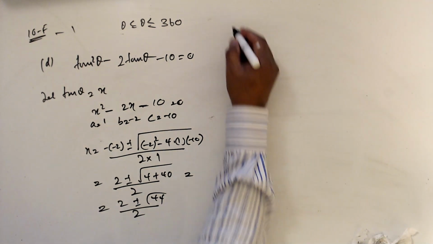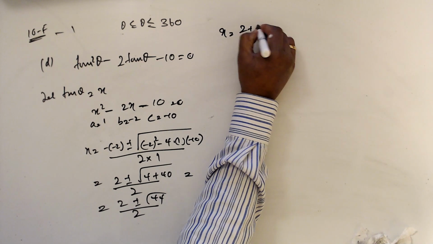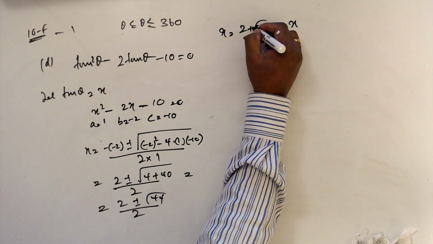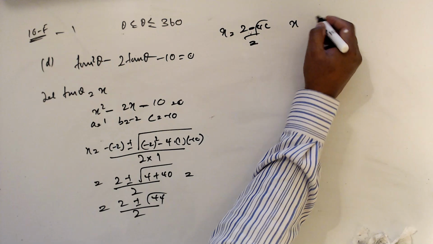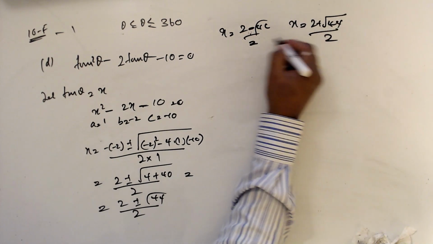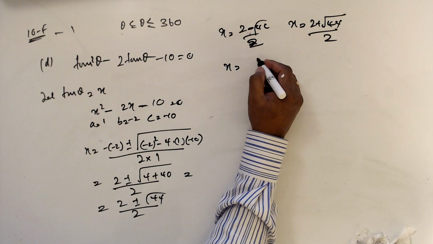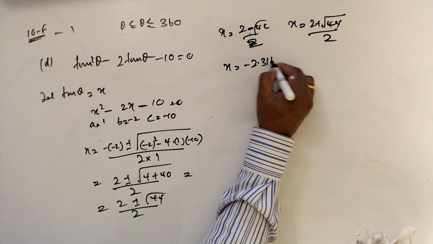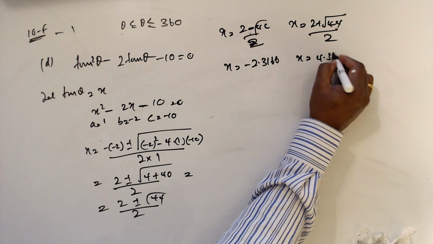Now there are two answers. One is x equals 2 plus the square root of 44, over 2. The other one is 2 minus the square root of 44, over 2. And this answer is going to be minus 2.3166, and this answer is going to be 4.3166.